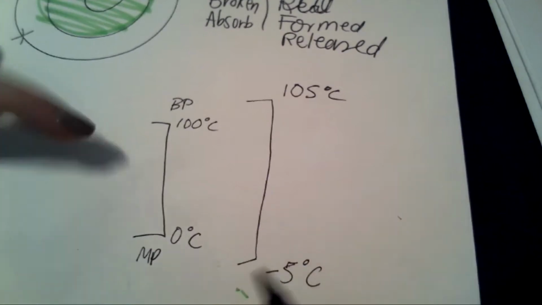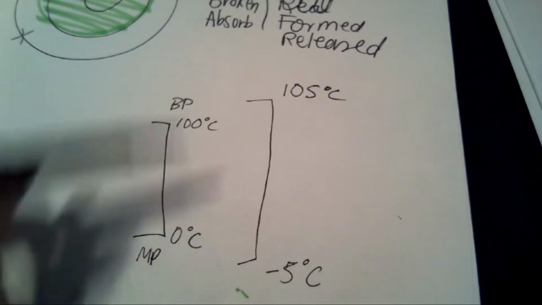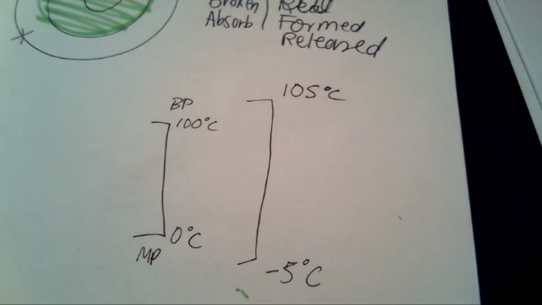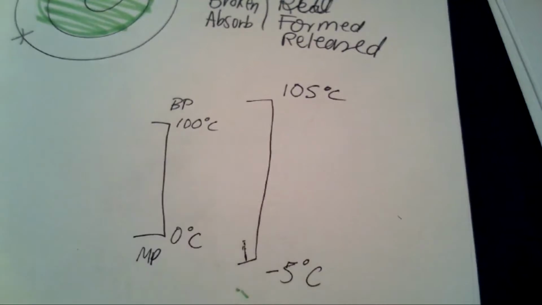So how this helps with ice on the road, sprinkle some salt on the ice, and now instead of freezing at 0 Celsius, it's going to freeze at -5. So if the temperature falls somewhere in this bracket between -5 and 0, your stuff starts melting.